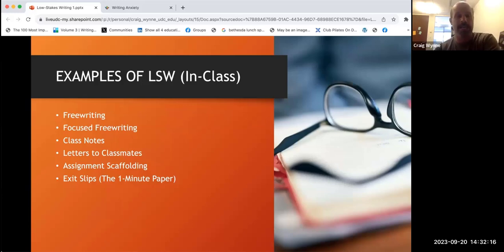Assignment scaffolding. In my classes, we use a lot of structured group activities, like Dr. Brown was asking earlier. And there are also exit slips, or what some folks call the one-minute paper, where toward the last few minutes of class, students are often asked to reflect on something that they learned in the session, if there's anything that was unclear, or just anything that stood out to them.